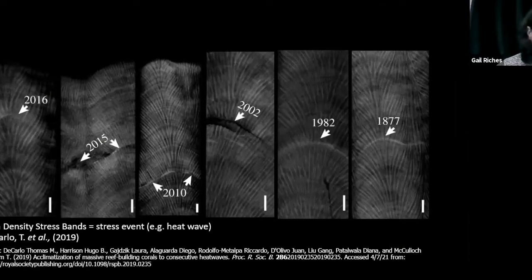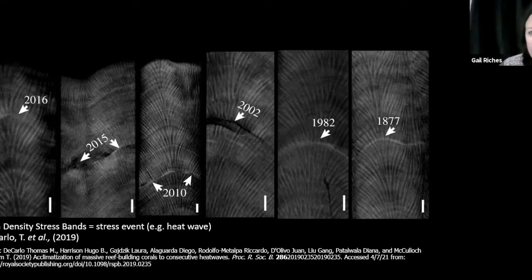But what these are great for is that the coral cores operate as a proxy to the climate record, because these particular corals, the Porites, are fairly resilient to disturbance events such as heat waves, so they're less likely to die. However, they don't get away unscathed. They usually do bleach, and when that happens, they record that stress event as what we call a high density stress band in the coral core.